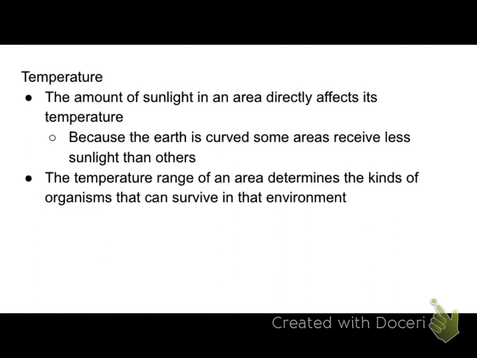So, like we said, if you're a penguin, you're likely not going to do well in the middle of the desert because you're adapted to live and survive in an environment where the temperature is much cooler. So whatever that temperature range is, organisms have to adapt to survive in that range. Even places like here in the Midwest where we have seasons and the temperature range changes seasonally, organisms have to be able to change and survive in those changing temperatures. So you'll see lots of different plants and animals here than you would at the equator or at the poles.